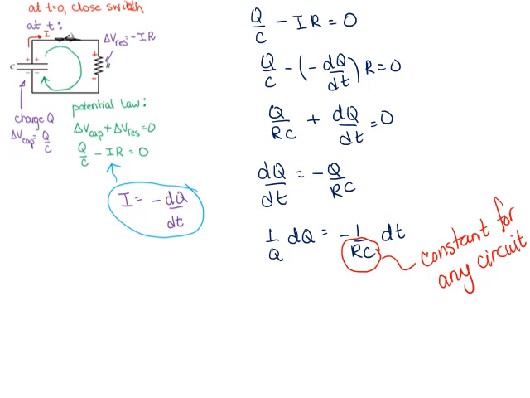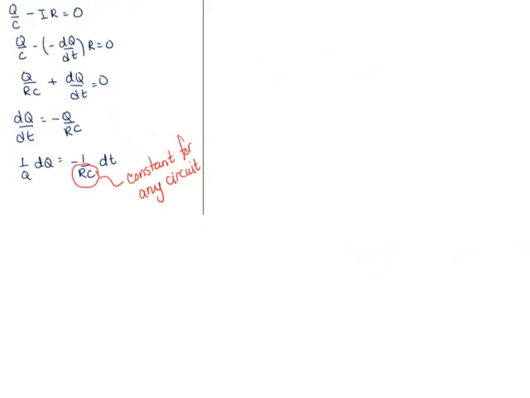We want to solve our problem now, so we're going to have to integrate both sides. Let's just move on to the next slide so this one doesn't get too crowded. To keep going with our solution now, we're going to have to integrate both sides. So the integral of 1 over Q dQ equals the integral of minus 1 over RC dt.